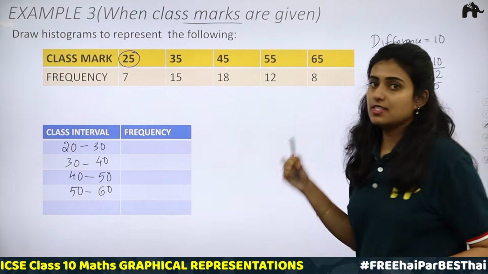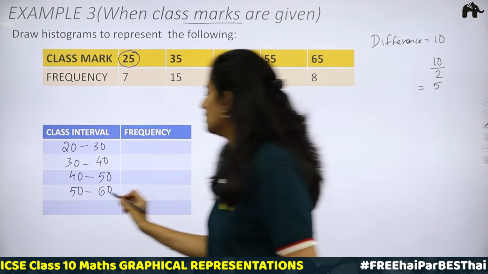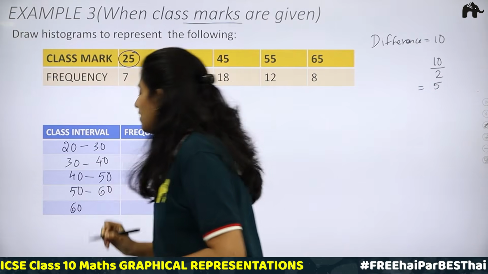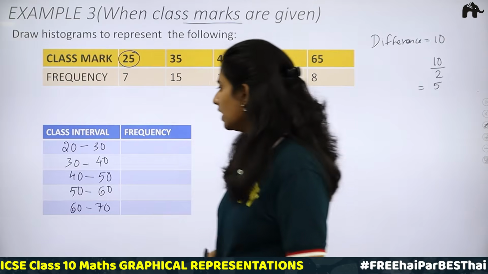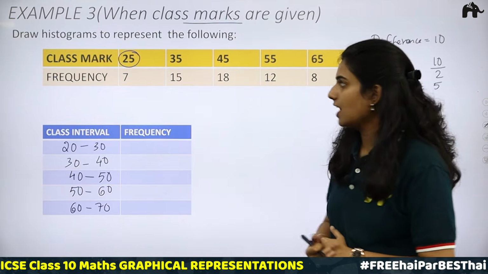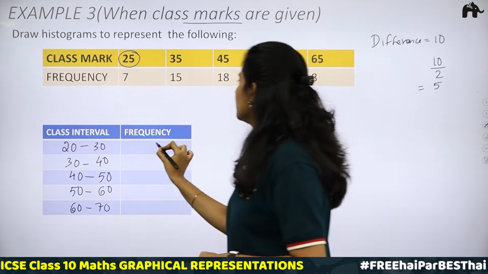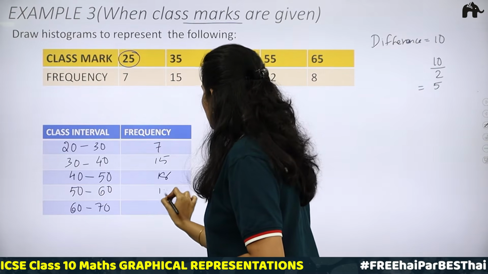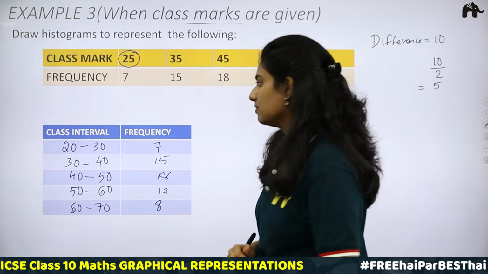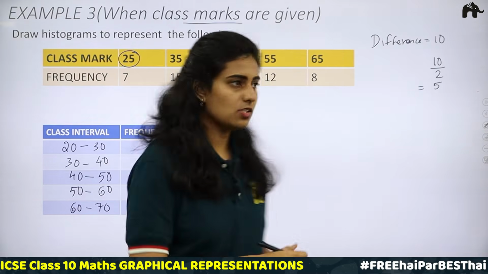Next, 65. 65 minus 5 is equal to 60. 65 plus 5 is equal to 70. Okay. So, these are the required class intervals. Now, we have frequencies 7, 15, 18, 12 and 8. We can now plot the required histogram.